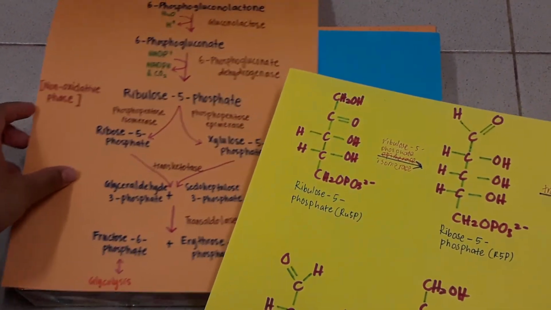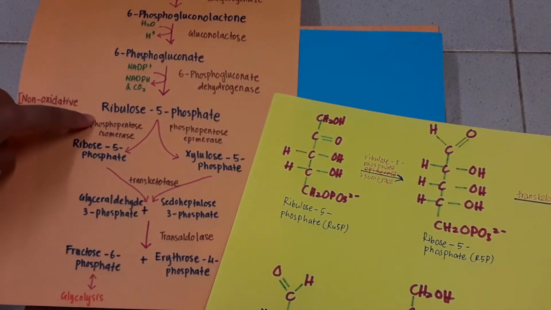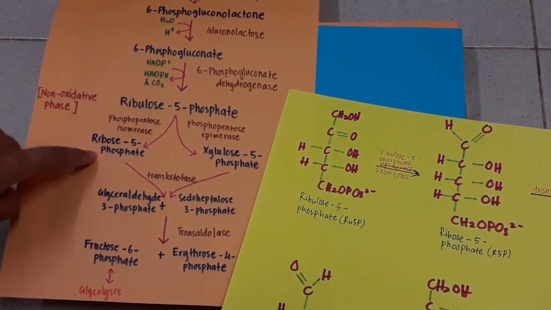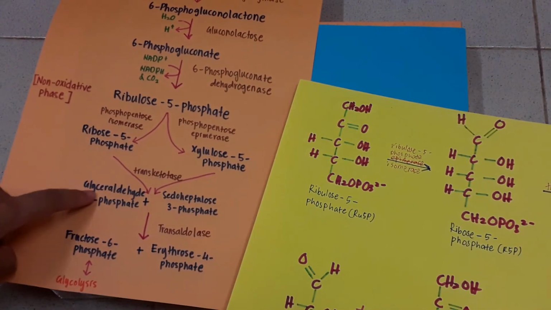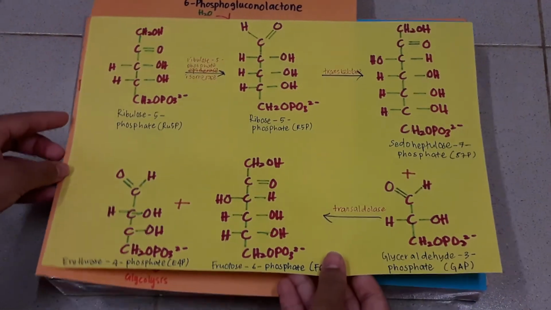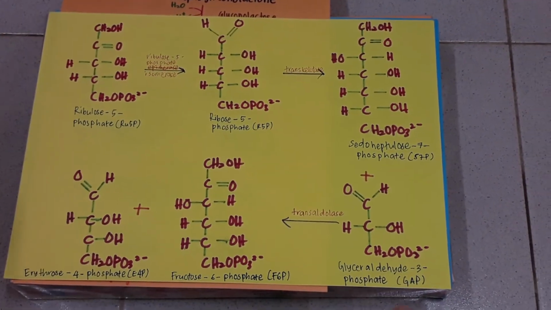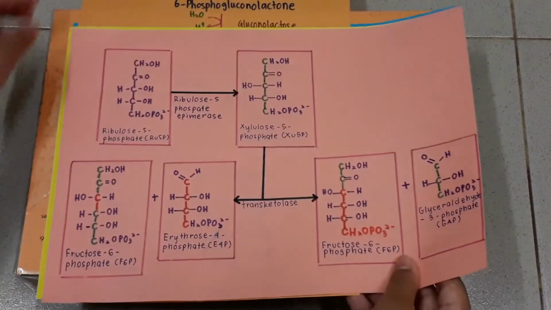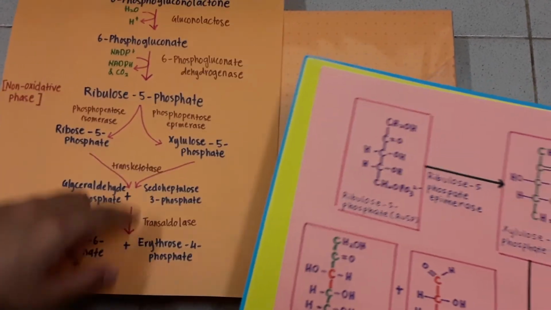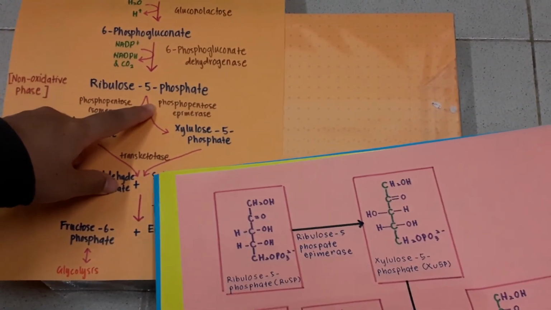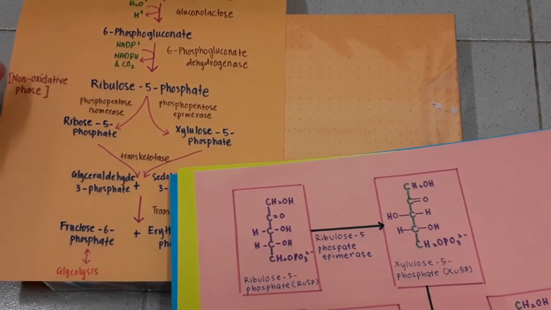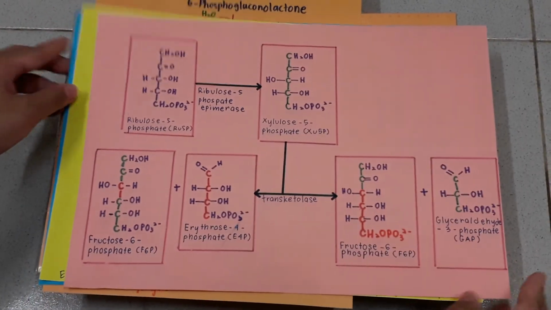This one starts with the ribulose 5-phosphate, which is converted into ribose 5-phosphate, and the product is produced. And the next one is the second conversion, where ribulose 5-phosphate is converted into xylulose 5-phosphate. So this is the pathway.